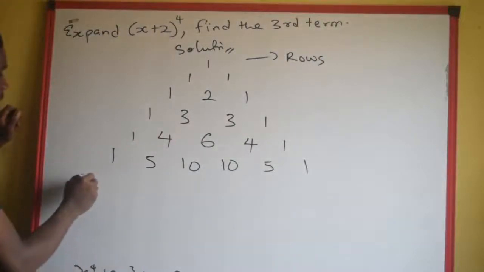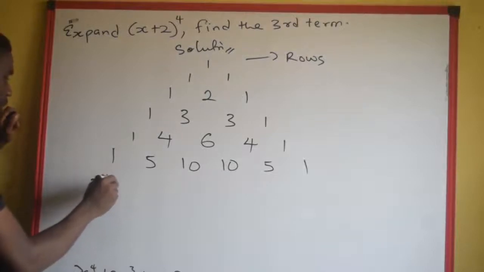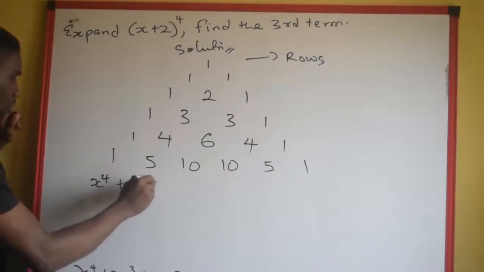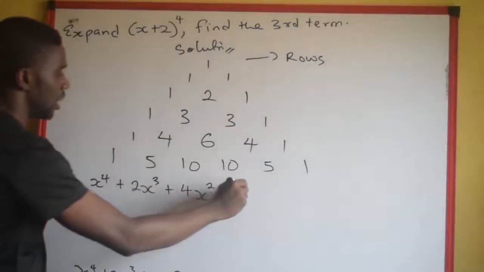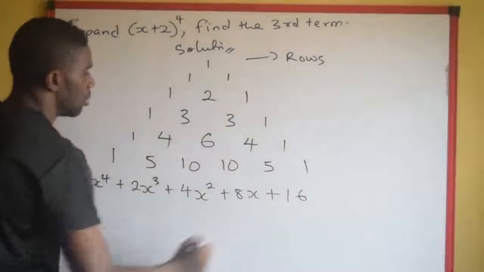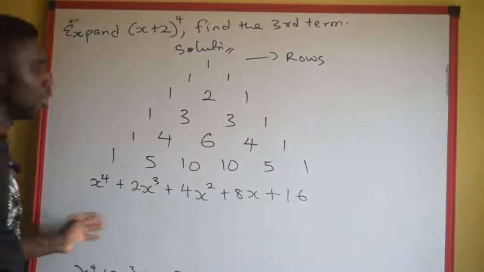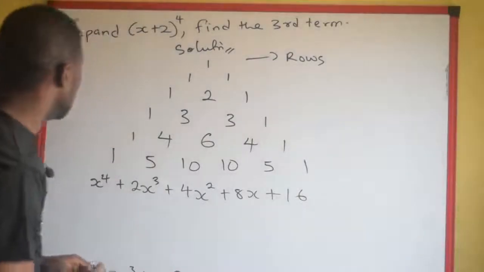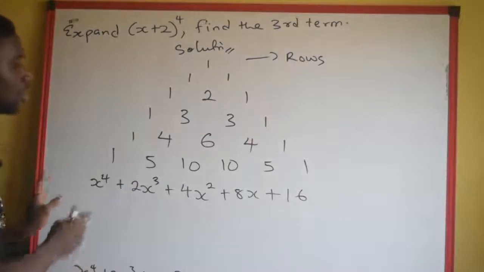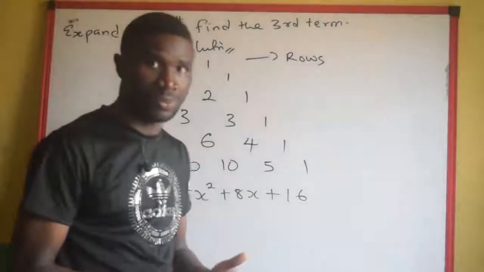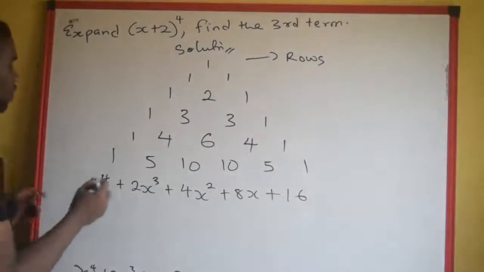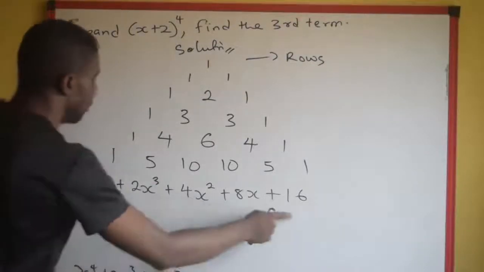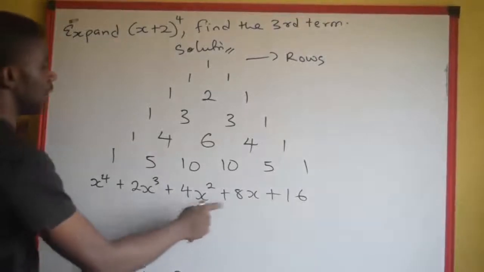Look at what we had previously: x raised to the power 4 plus 2x raised to the power 3 plus 4x squared plus 8x plus 16. So these are what we have before. We got this as a result of our expansion. Now we check how many terms this gave us. We have 1, 2, 3, 4, 5.